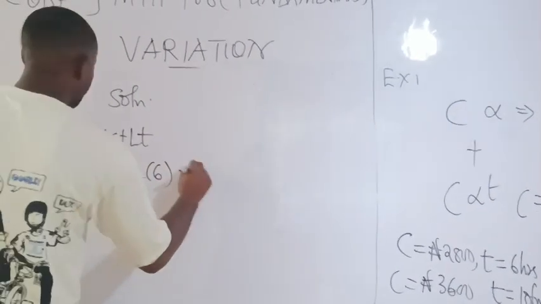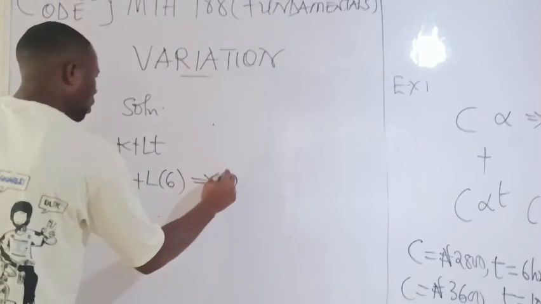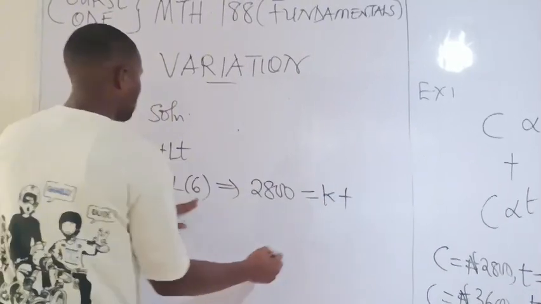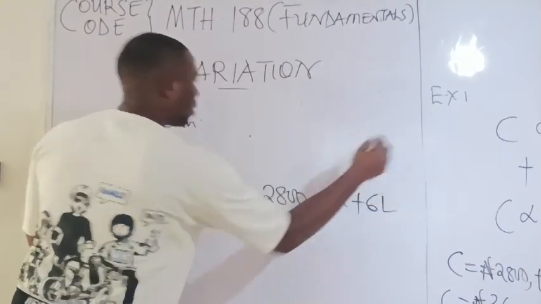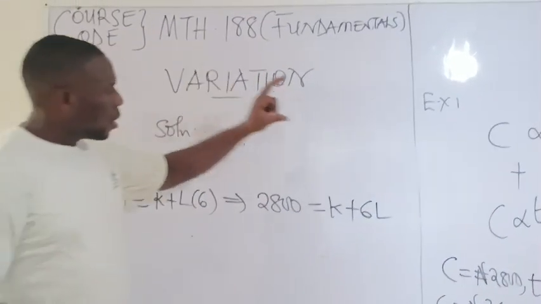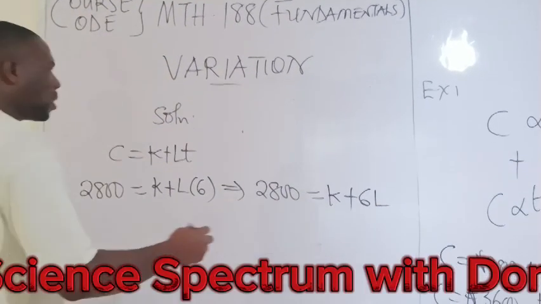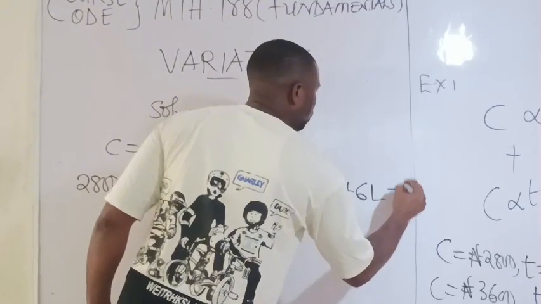This will boil down to 2,800 is equal to K plus 6L. You can see I'm left with the letters, the constants. I could call this equation 1.